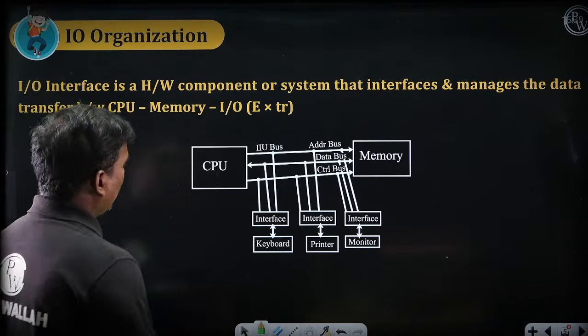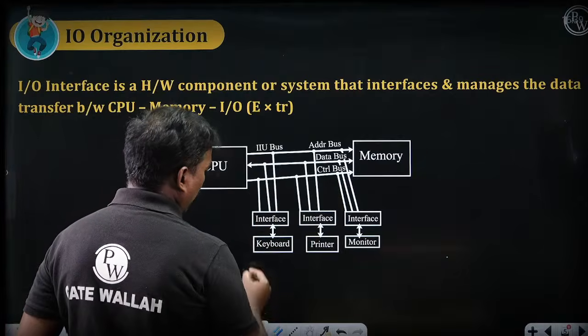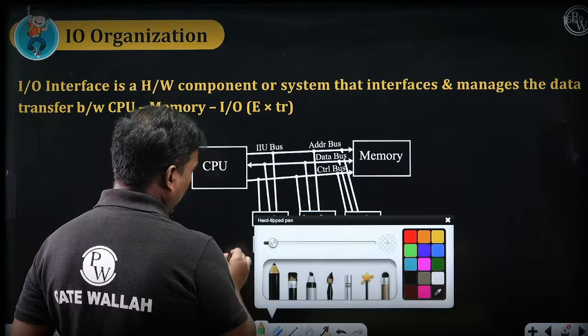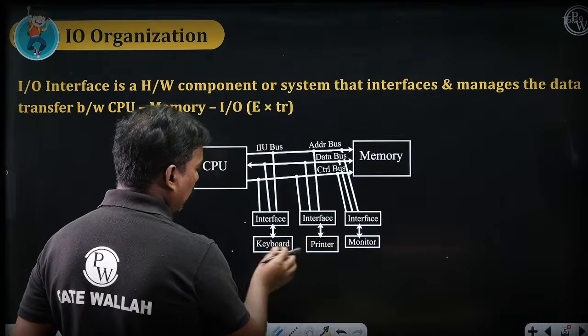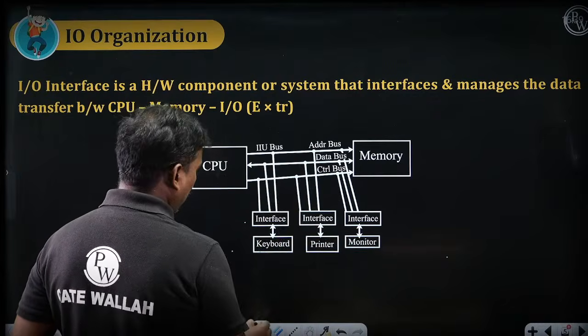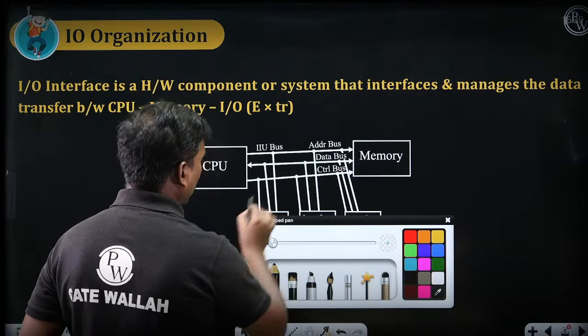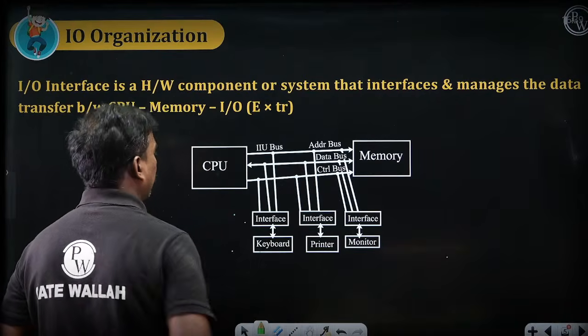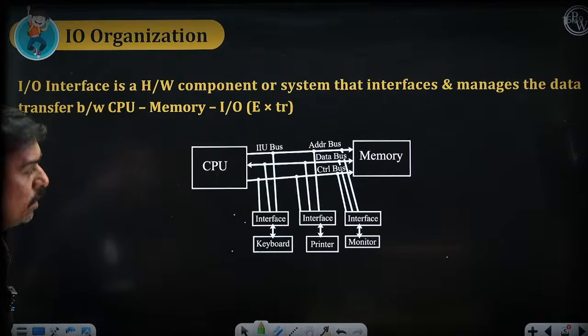If you see this is a CPU, this is a memory, and these are input output devices: keyboard, printer, monitor, and this is our bus. How are these devices connected?